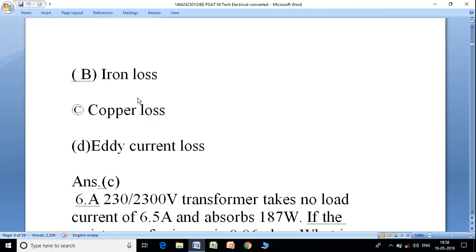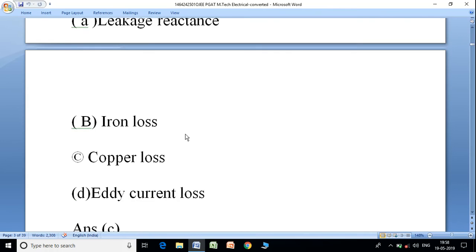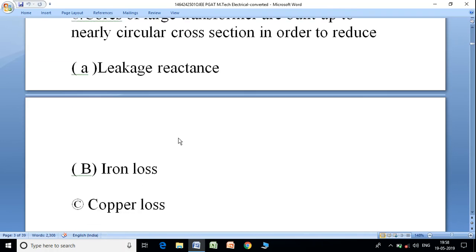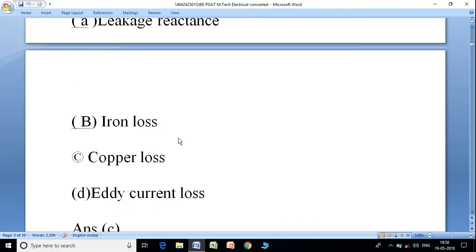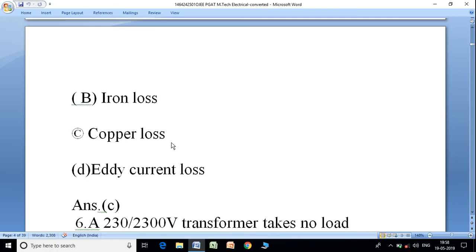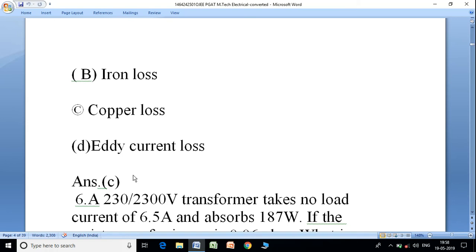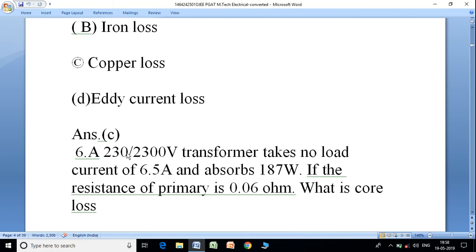When instead of a rectangular cross section we take a circular cross section, the resistance and copper loss will be less. So answer C is the correct answer.